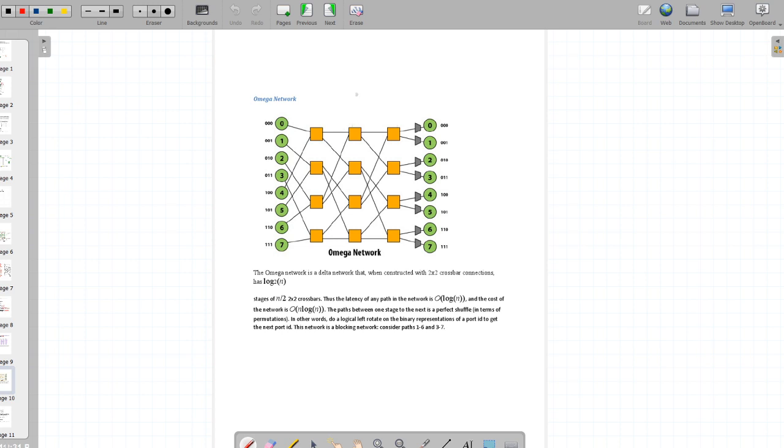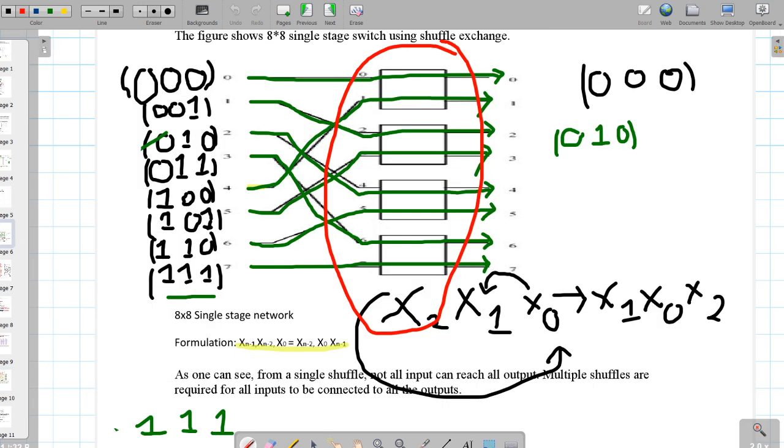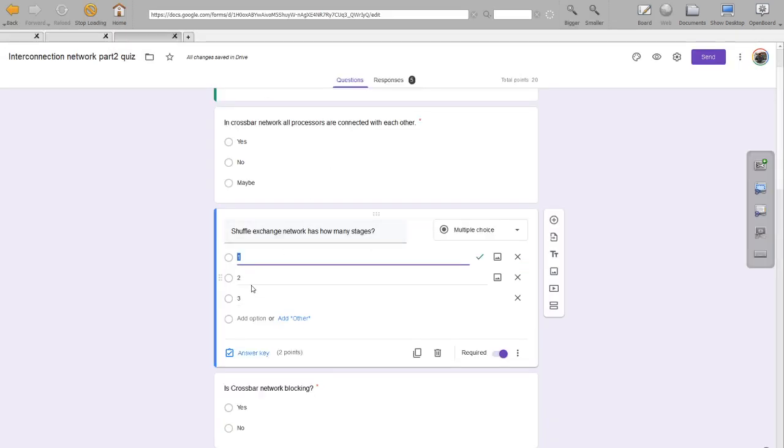If you look into the structure of omega network, you can find that there are actually 3 stages of switching devices, but in case of shuffle exchange network, there is only a single stage available. So the correct answer is 1.